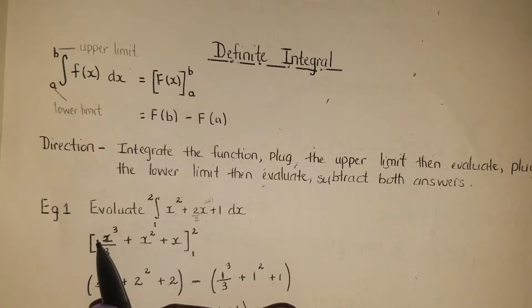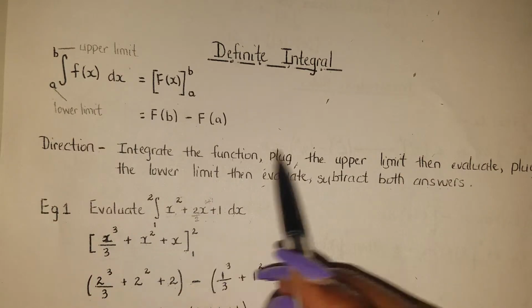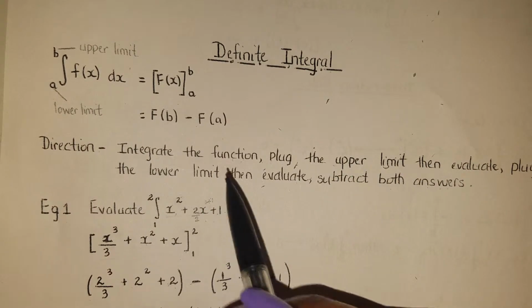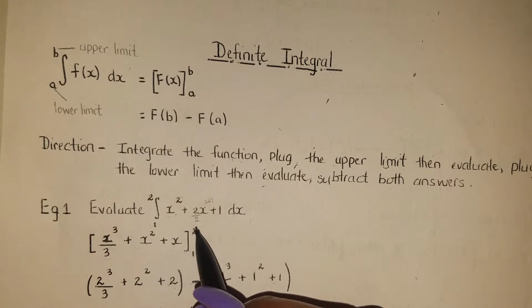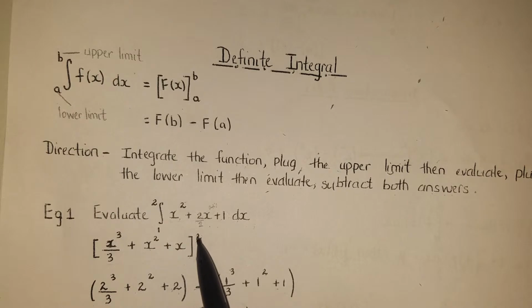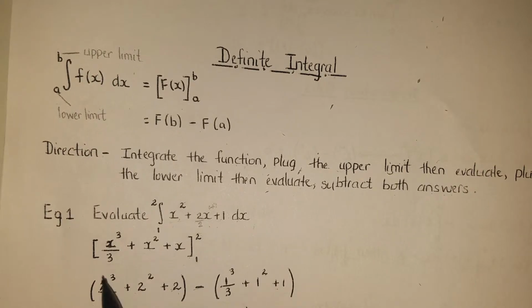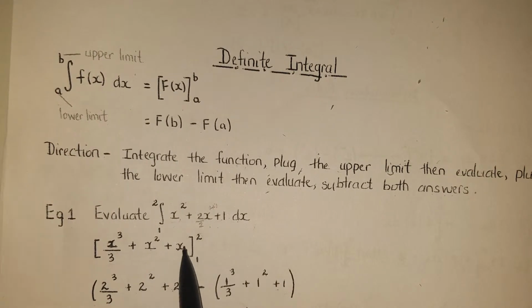And in this answer, we're going to plug our upper and lower limit, 2 and 1 respectively. So first we're going to plug the upper limit in our first bracket. Wherever you see an x or a variable, you're going to plug that upper limit.